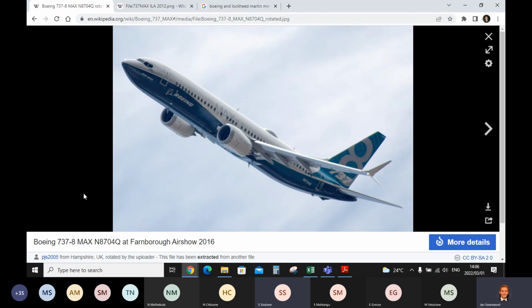So what Airbus did was they took the A320, which was a newer aircraft than the 737, and they developed a super efficient aircraft. And with that, they had an update on that aircraft called the Airbus A320 Neo, which had more efficient engines and which was a lot lighter.